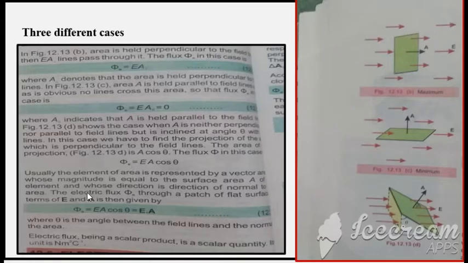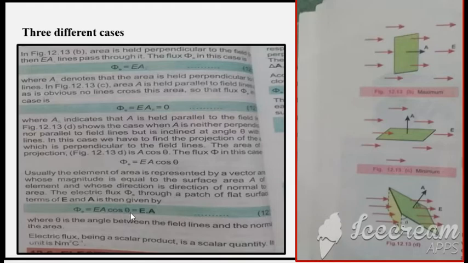You can see here the electric flux phi E through a patch of the flat surface in terms of E and A. Both electric field intensity and area are vector quantities. In terms of their magnitude, phi E is equal to EA cos theta. You will recall chapter number 2 from first year physics about vectors. When cos theta appears between the magnitudes of two vector quantities, it gives rise to the dot product between two vectors.